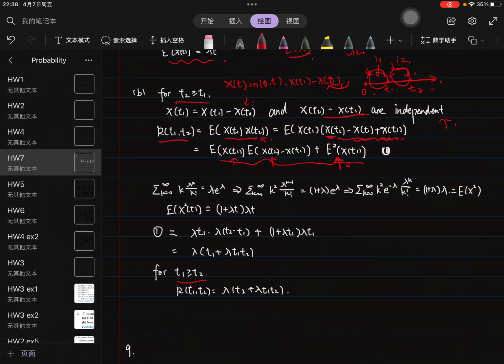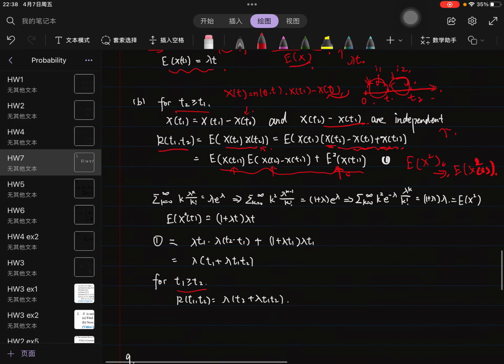Based on this, we need to know the expected value of X squared, and then we could get the expected value of X(t) squared for the Poisson process. From the previous step, we take the derivative with respect to lambda, so we get this step, and then we multiply both sides by e to the minus lambda.